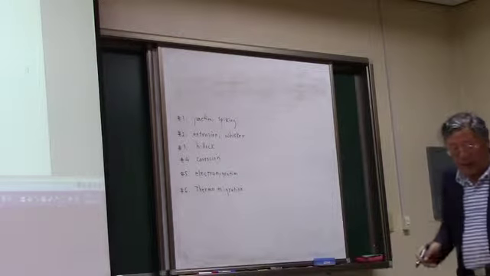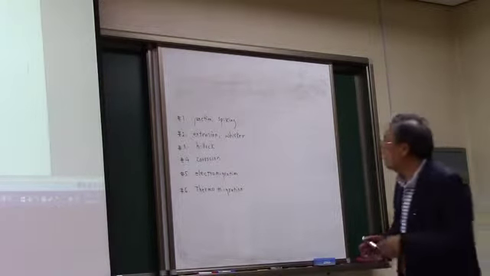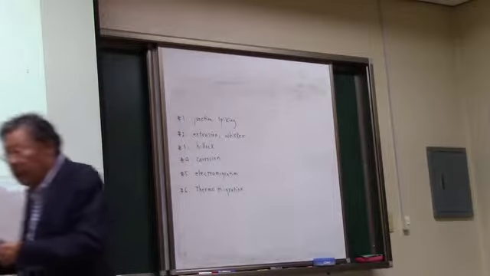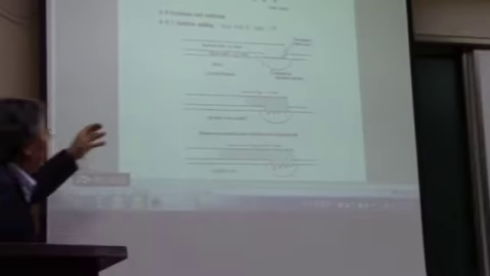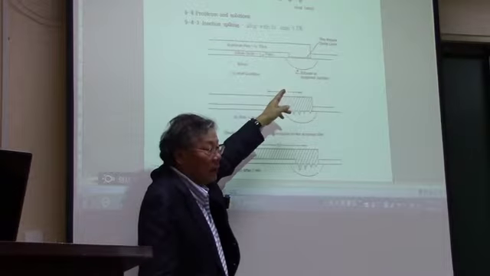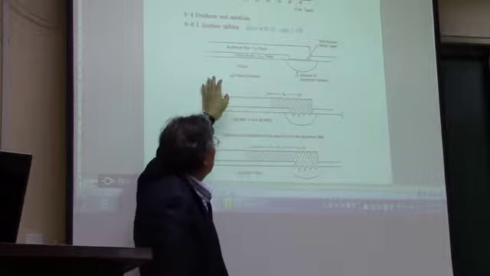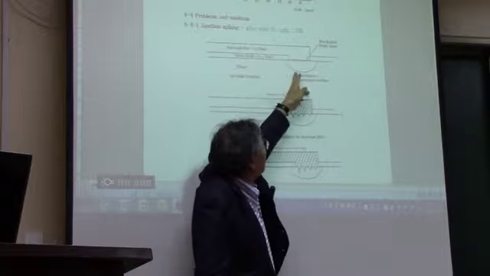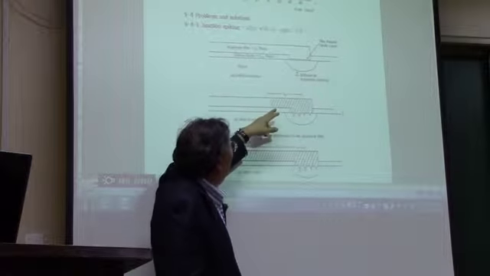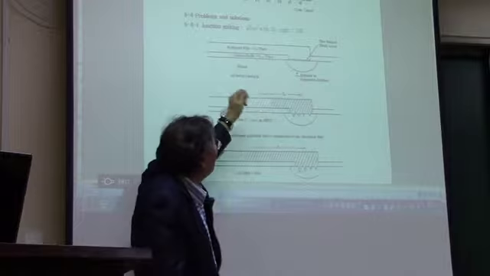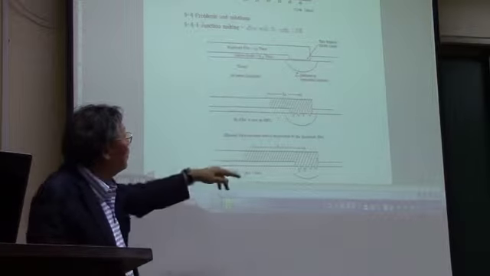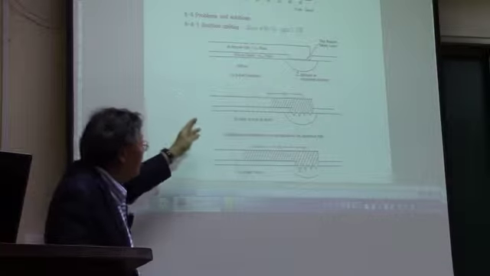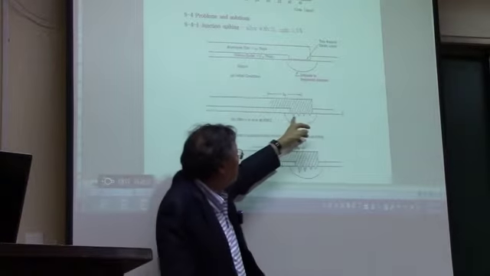So the first topic, junction spiking. What you can see here is that if you use pure aluminum as a metallization line, and then the silicon contact here, the aluminum is going to out-diffuse into silicon, or the silicon atoms are going to out-diffuse into the aluminum to form these spikes.